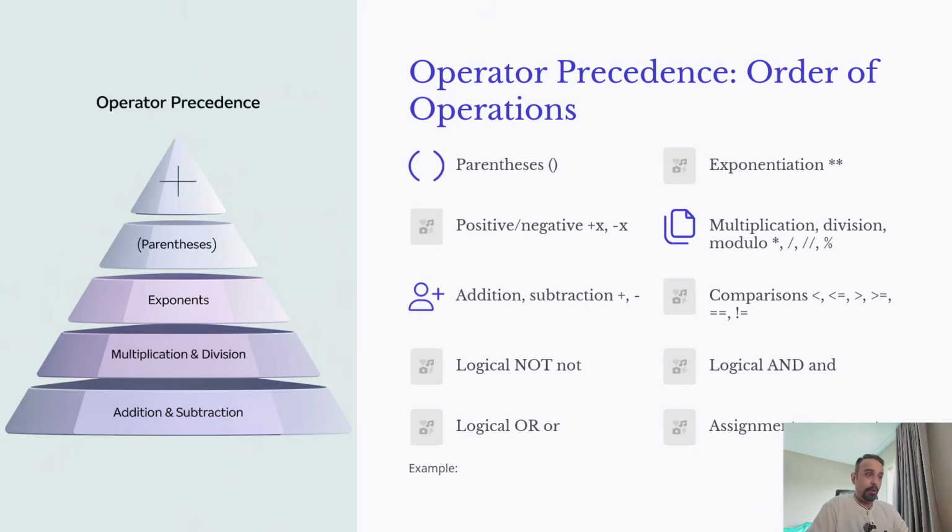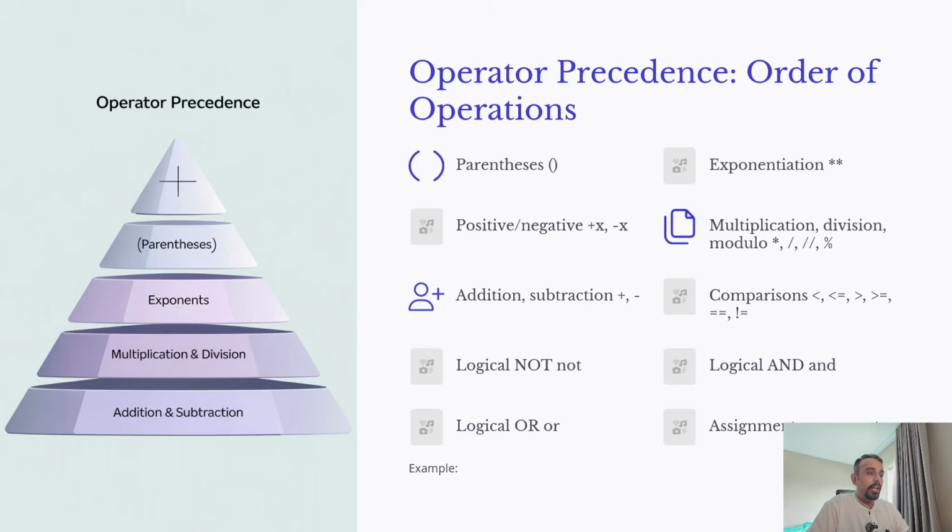Sixth, comparisons like equal to, not equal to, less than, greater than. Then logical not, which reverses true or false, then logical and, then logical or, then the assignments like minus equal to, plus equal to. That's how the precedence works.